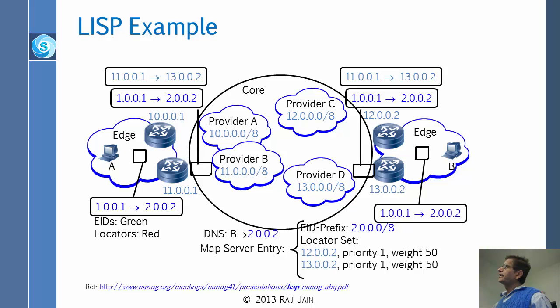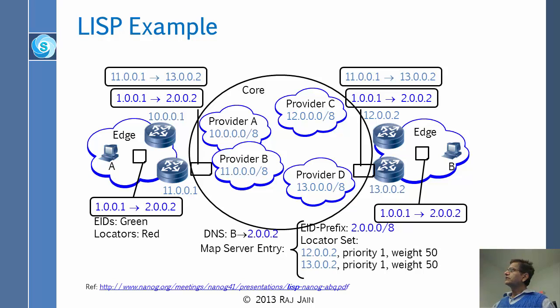One is to provider A via this router, and it has the address 10.0.0.0.8, and that address would actually be something other than 10, because you cannot have a 10 address in a public network, that's a private address. But let's say this is 14 or something, okay?